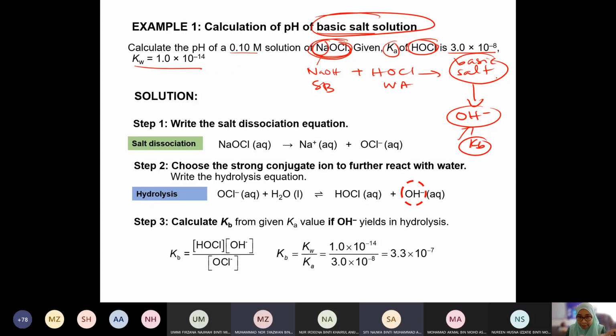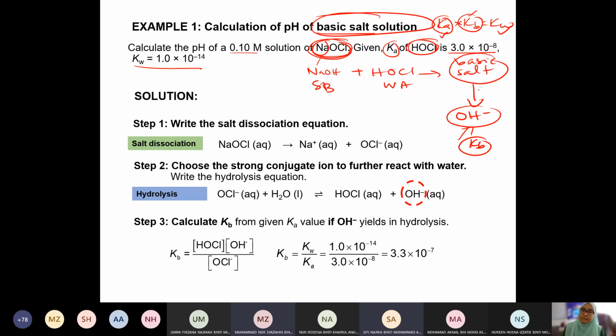Nampak tak? Okay. What is given to you is Ka. So you need to change this Ka into Kb. Adakah itu a problem? No. Boleh je. Ka times Kb is equal to Kw kan. So we have this one given to us. What we want is Kb. So masukkan this one. This one is also given. So we can calculate for Kb.